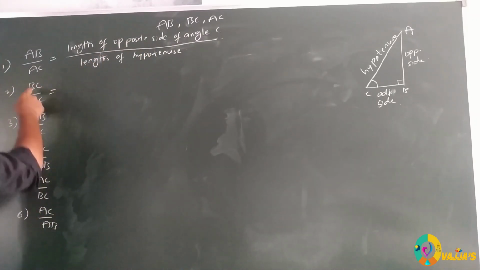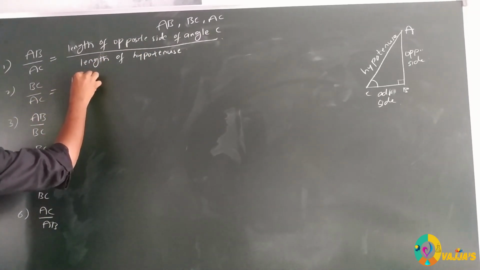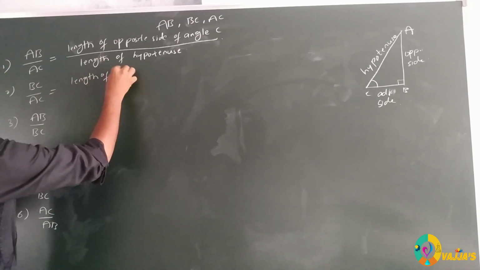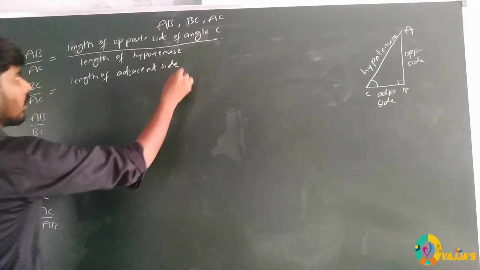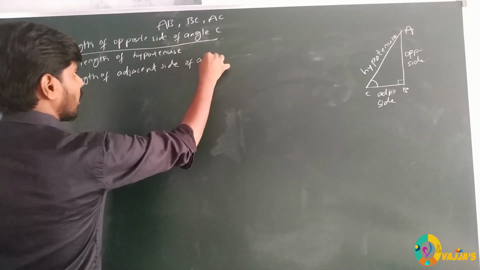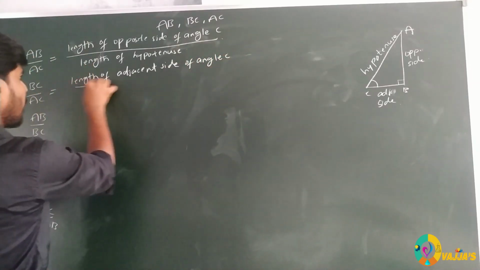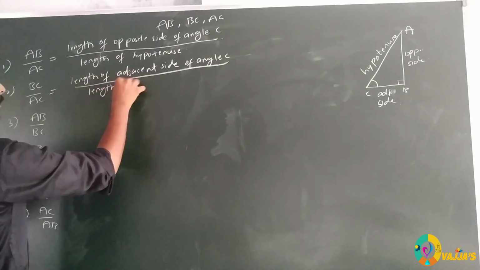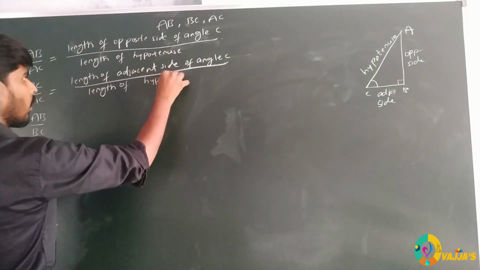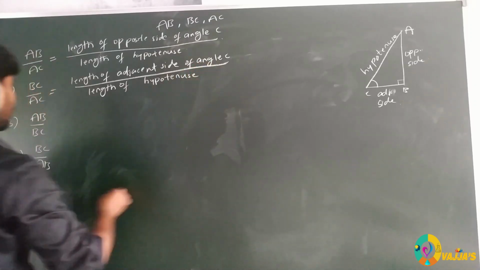What about BC? BC is nothing but the length of the adjacent side of angle C by the length of hypotenuse.